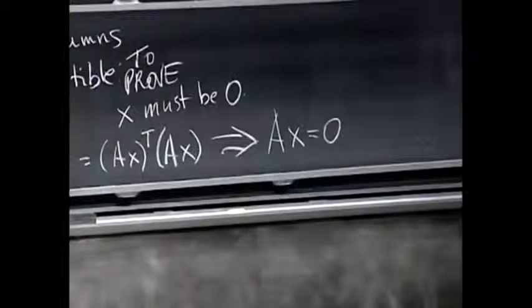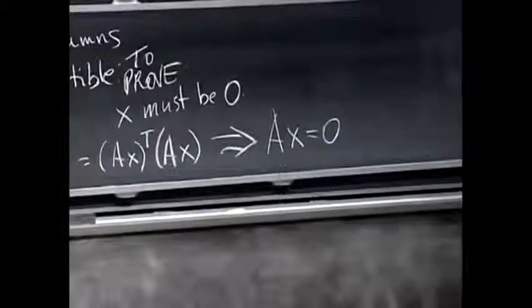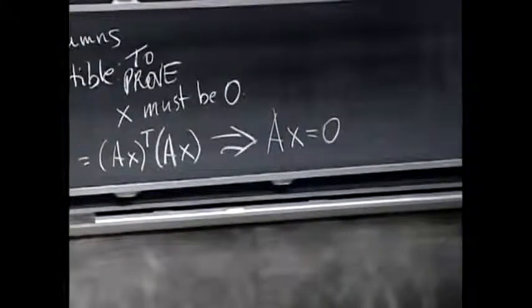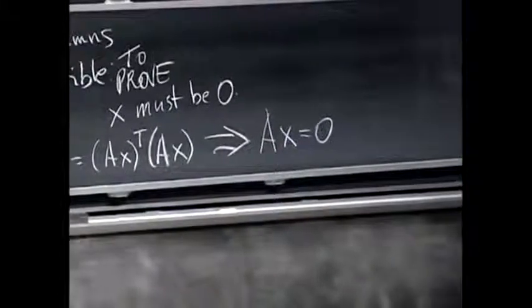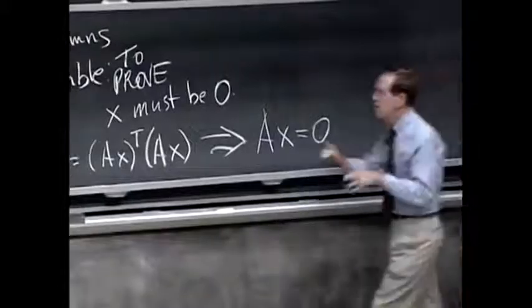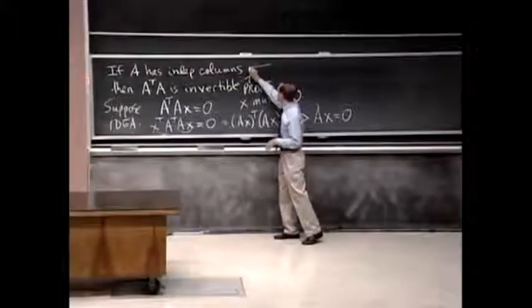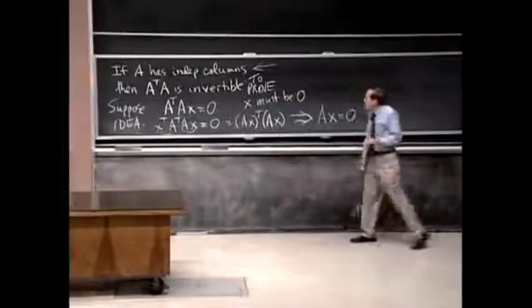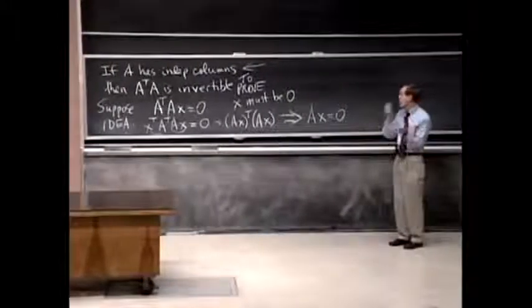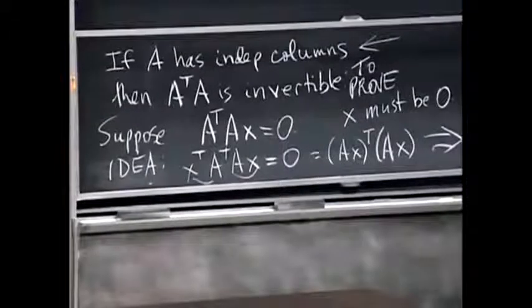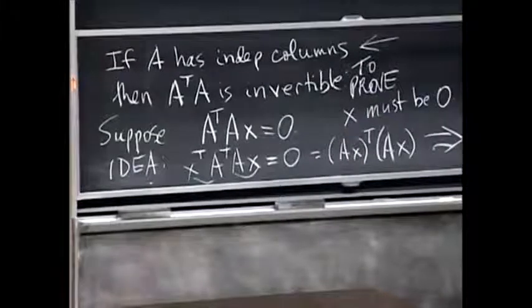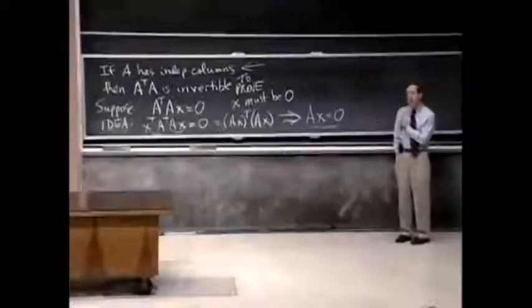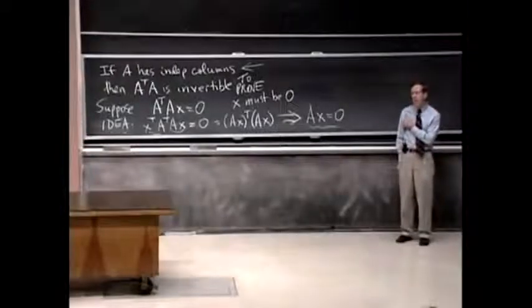Well, I'm getting somewhere. Now that I know A X is 0, I'm going to use my little hypothesis. Every mathematician has to use the hypothesis, right? If A has independent columns, and we're at the point where A X is 0, what does that tell us?